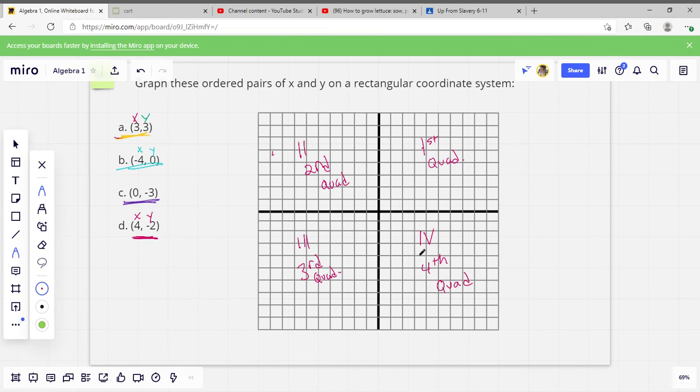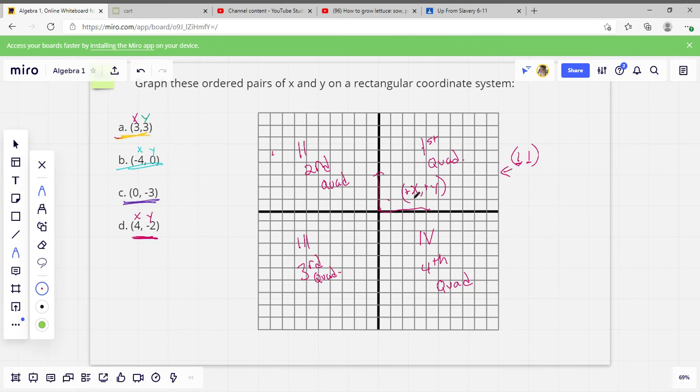Now, we'll notice that on this first quadrant, everything on our x is going to be positive. To get over here, those are all positive numbers, so x is positive. And everything on our y is positive. It's all going up, so positive y. So if you have any coordinate pair, like 1, 1, where both of these numbers are positive, then it's going to go in the first quadrant.